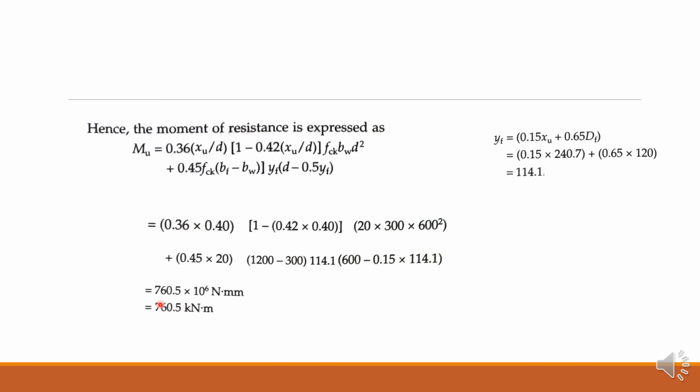So finally we will get a value of 670.5 into 10 power 6 Newton mm. You have to write it in kilonewton meter, 760.5 kilonewton meter. This is the moment of resistance of the given section.